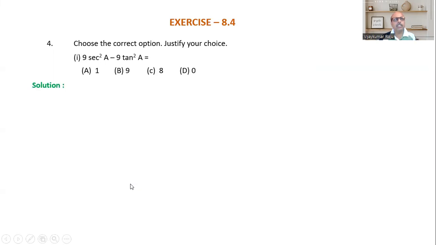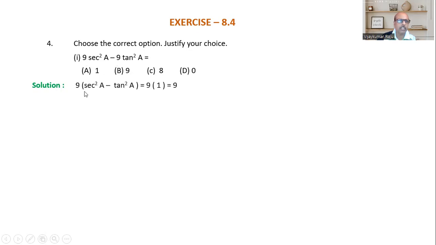Fourth question. Choose the correct option. Justify your choice. Now here the first is 9 sec square A minus 9 tan square A is equal to how much? 4 options are given: 1, 9, 8 and 0. Which is the correct answer you have to choose. Now you see here, both are having 9 in front of it.